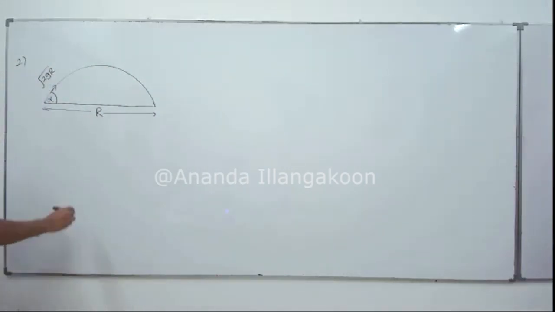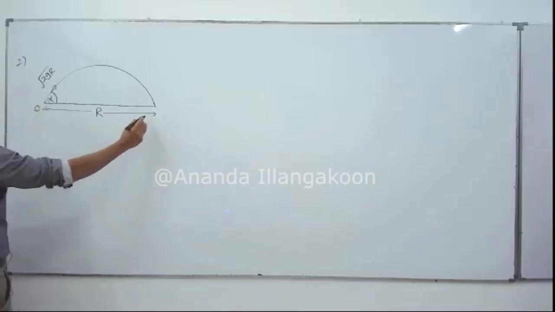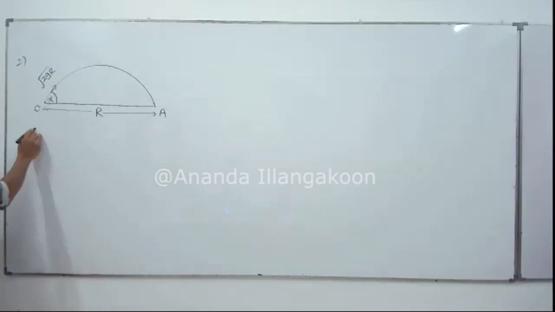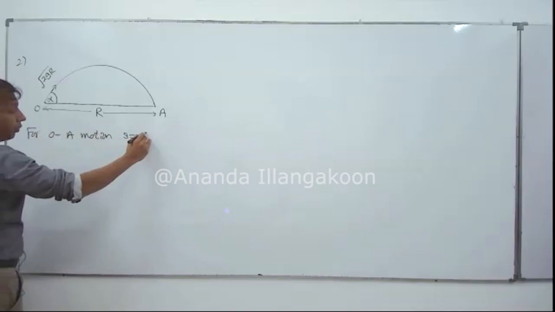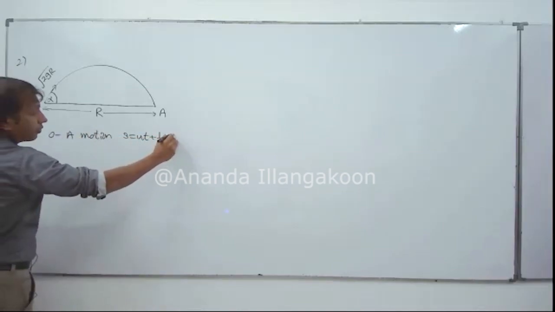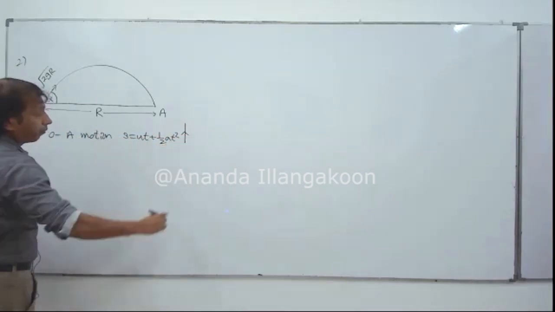Now, I take this point as O and this as A. For OA motion, we apply s equals ut plus half at squared in the upward direction.